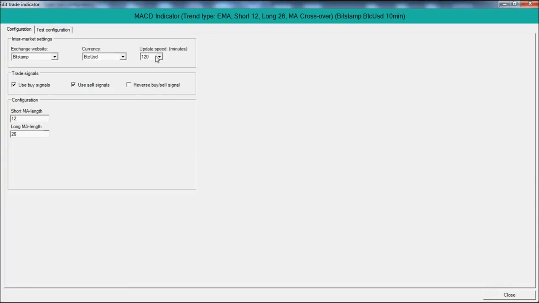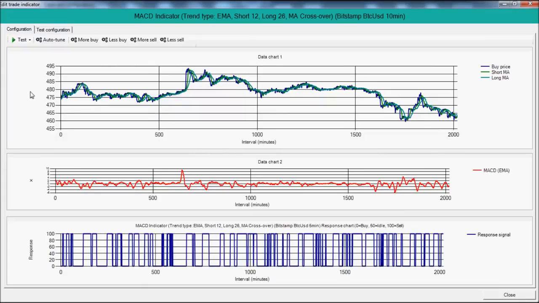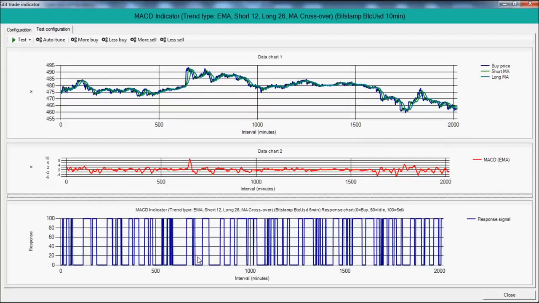And let's see, what would have happened if we put that at, I don't know, 5 minutes. 7 days. Alright, you see that's a lot noisier, and you've got a lot of crossovers. So that's not going to really be that helpful for you if you get that many signals.